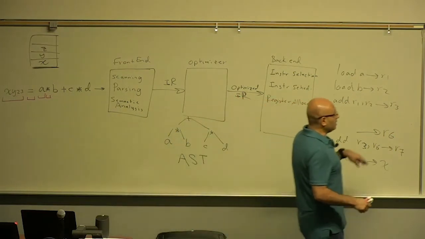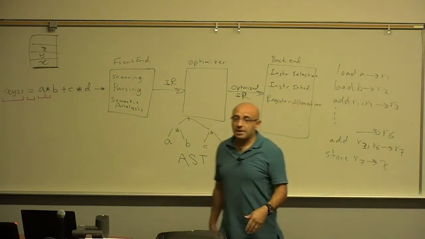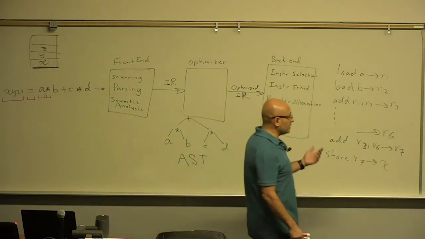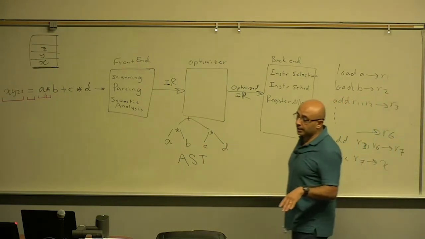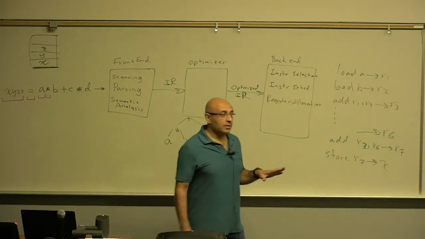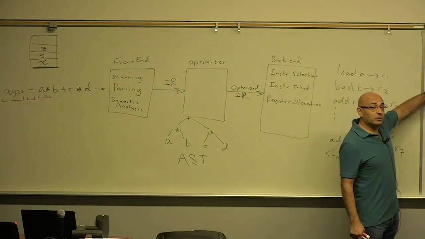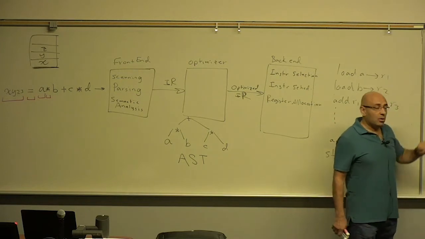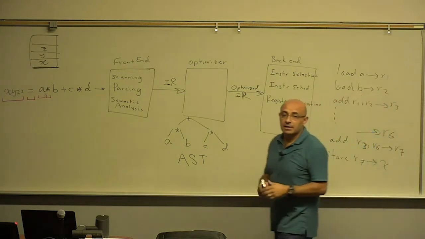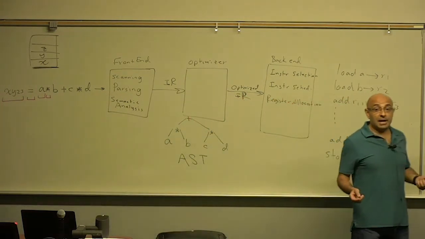So we will not be covering advanced language features like objects and inheritance and all of that, but you will be given the chance to do extra work if you want. So the basic requirement, what you are required to do, is to build a compiler that only implements these basic constructs and translates them into assembly language.